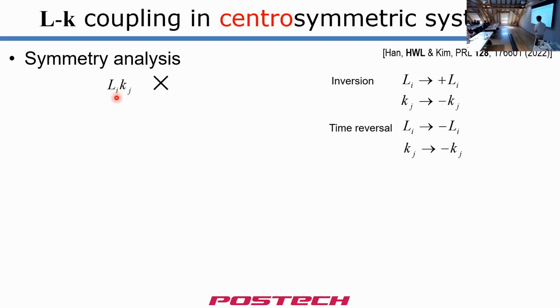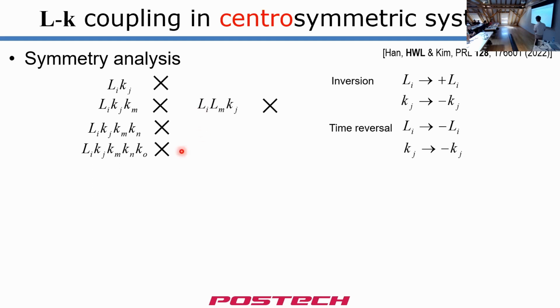Let me try this bilinear coupling between orbital angular momentum and crystal momentum: it is forbidden by inversion. If I raise the order of crystal momentum to second order, this coupling is forbidden by time reversal. Let me keep going. How about cubic order? This is forbidden by inversion. Fourth order is forbidden by time reversal. So I don't find anything interesting.